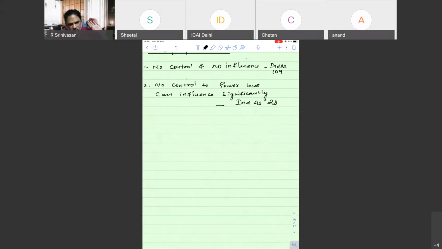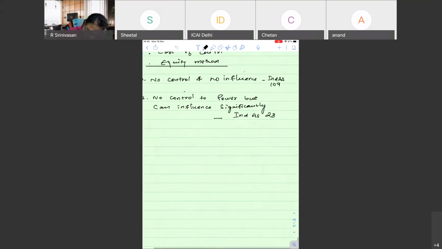I think, yes, this can come for at least 6 marks. Very simple one. I have already given you the clue on how we have to identify this. Illustration 17. I already told you, in case it is to be considered under Ind AS 109, there should not be any control.